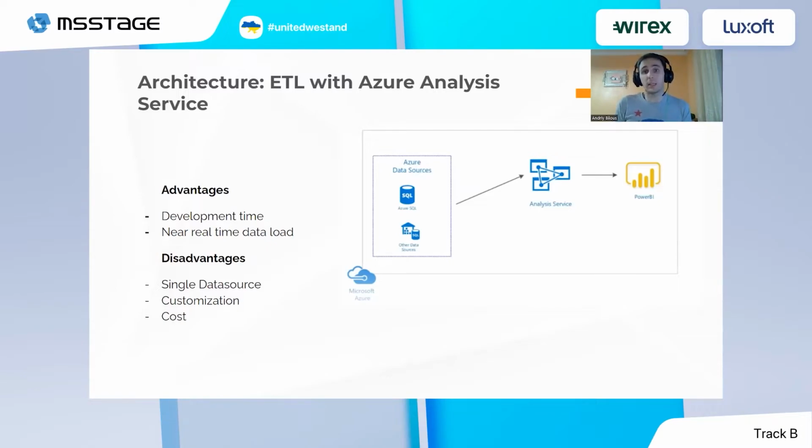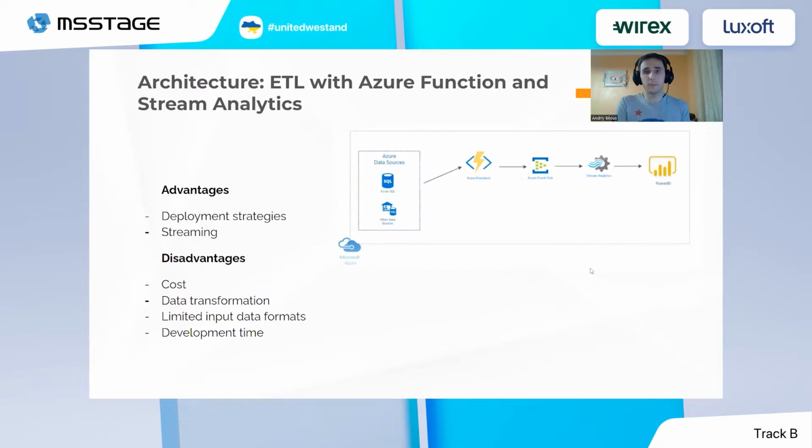And the cost: analysis services cost more than Azure Functions, definitely, and more than the current Kubernetes solution, which costs around $300 or $400 per month. So we understood that this architecture is not a fit.